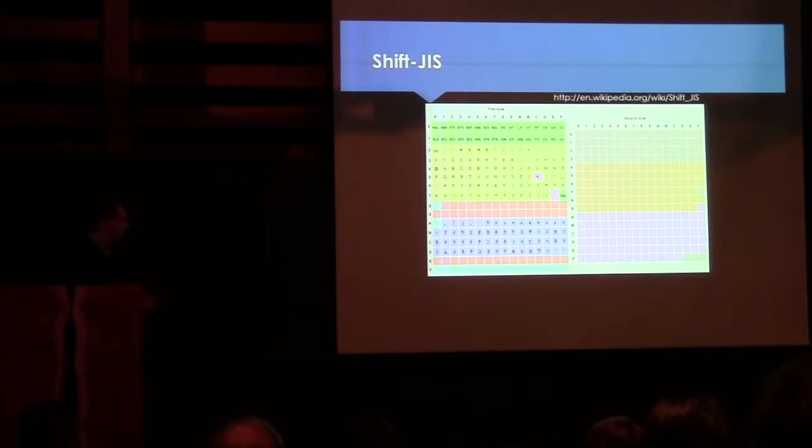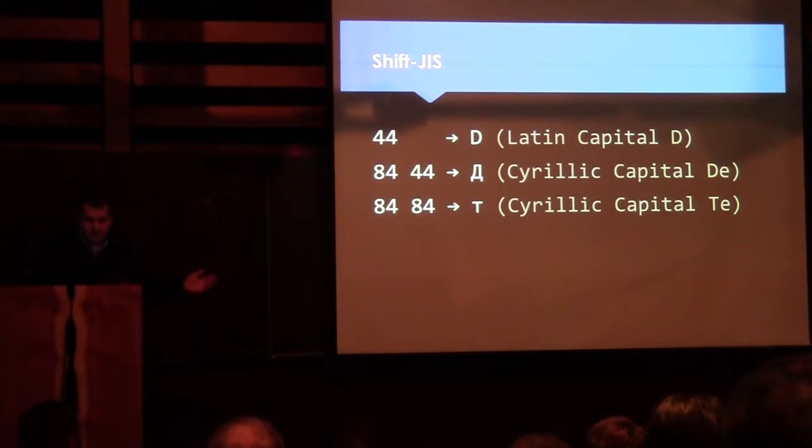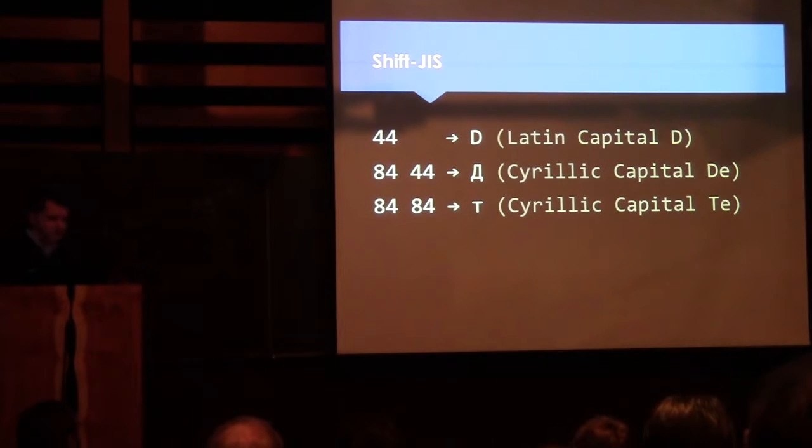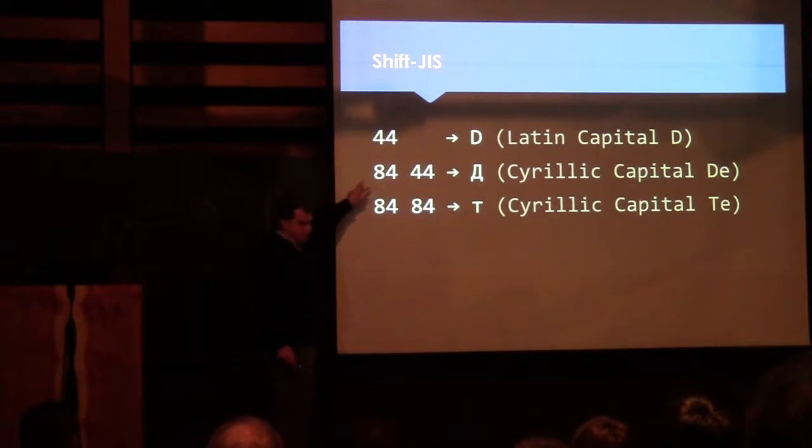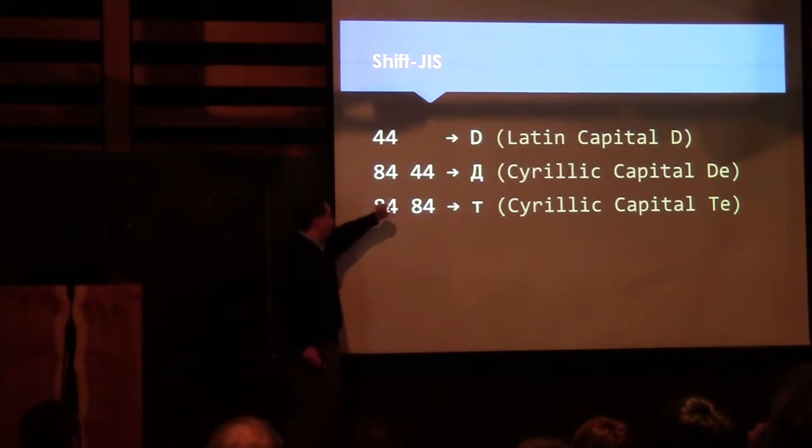There's one big problem with this, and that is that there's overlap. For example, here are the encodings for 3 letters. It includes both Latin and Cyrillic letters. The letter D, of course, is encoded as the hexadecimal value 44, which is the same as ASCII. To represent this Cyrillic letter, it starts with an 84 byte, and then the next byte will be a 44.